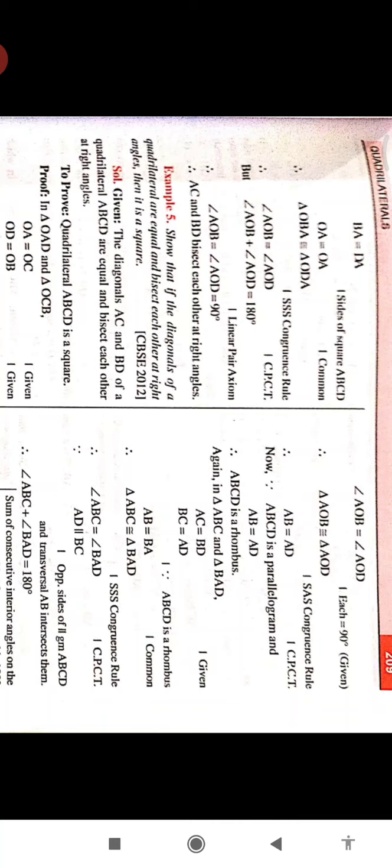So now we are going to prove this result. Again, triangle ABC and triangle BAD. AC equals BD, given. BC equals AD because it is a rhombus. AB equals AB, it is common. Therefore, triangle ABC is congruent to triangle BAD by the SSS congruence rule.